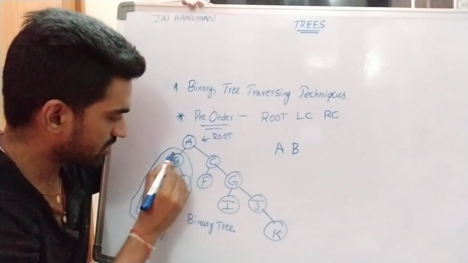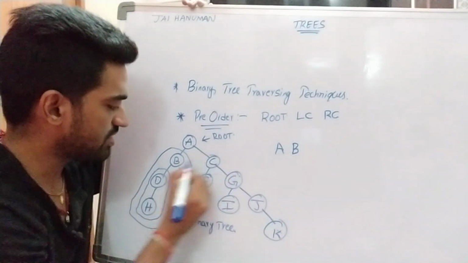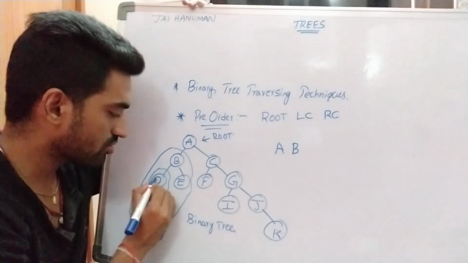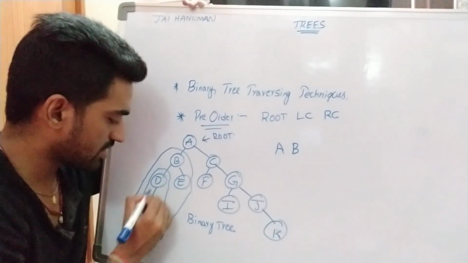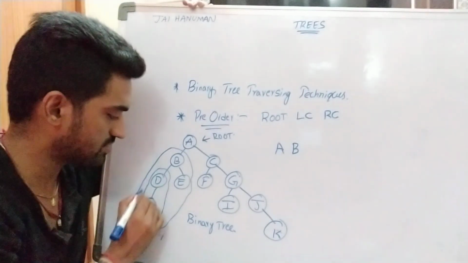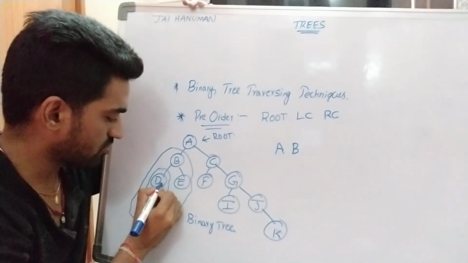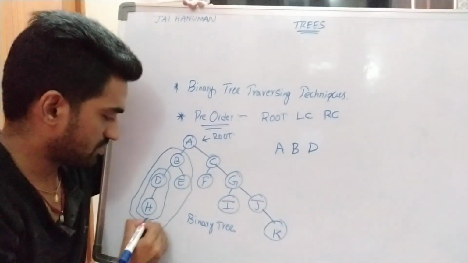What is the leftmost child for this node? B is visited. B has two child nodes: D and E. Again, D contains the child node H. So this is one more subtree, right? What is the root of this subtree?